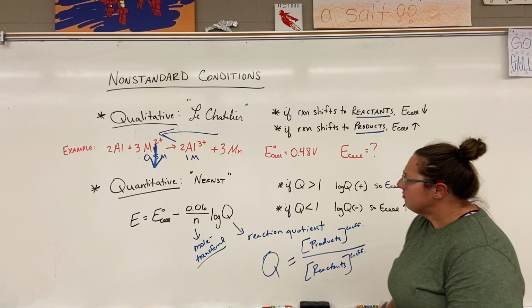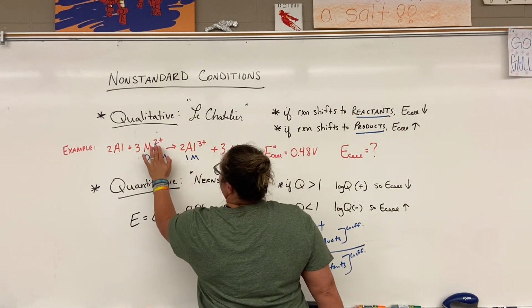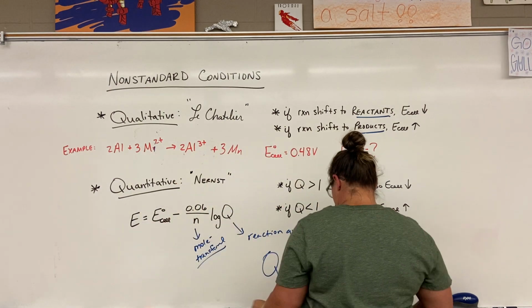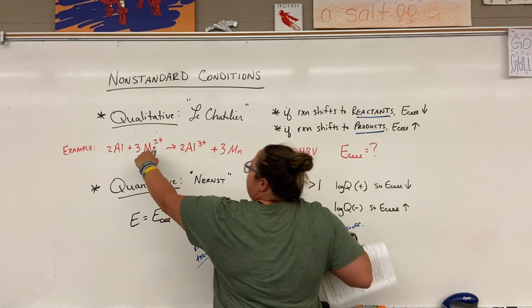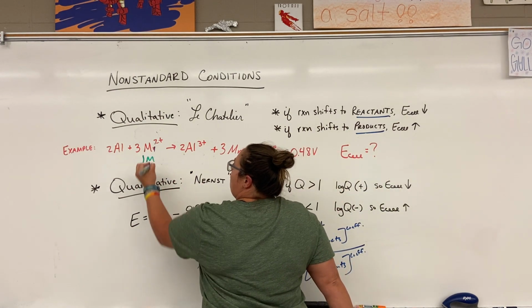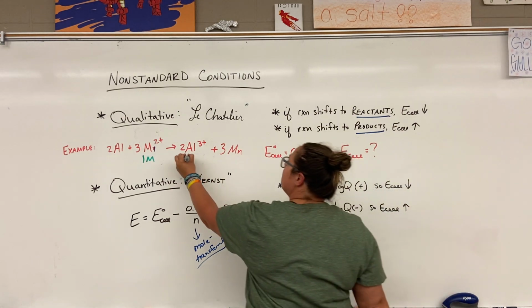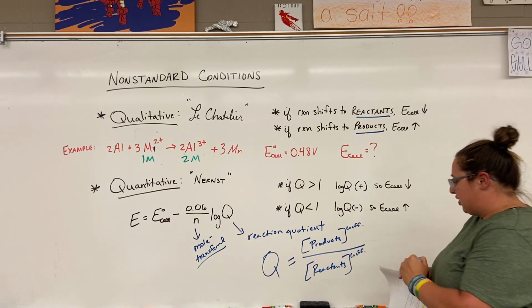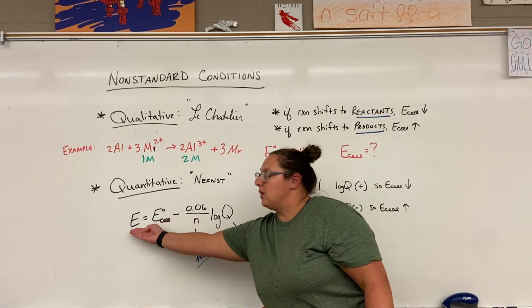So let's go back to our very first scenario in which the Mn stayed at 1 molar and our aluminum increased to 2 molar. So what we want to do is calculate our new E cell.